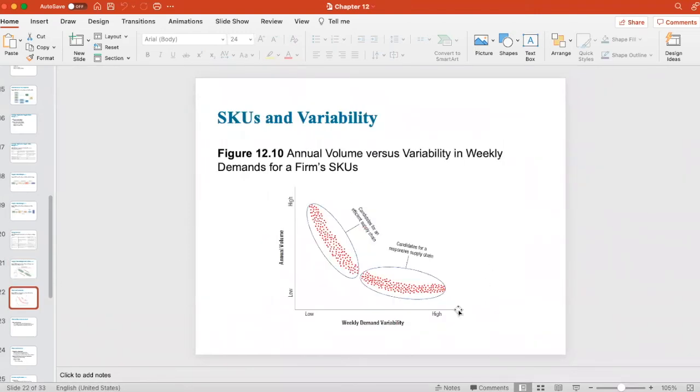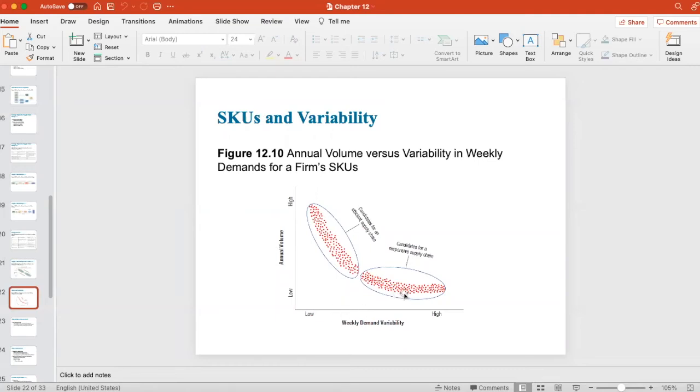Here, I also provide a figure which basically shows you the comparison of volume and variability under either efficient supply chain or responsive supply chain. Very easily, you can see that within the efficient supply chain type of products or services, right, the corresponding volume normally will be higher, while the variability itself normally is lower because those correspond more to those standardized types of product services.